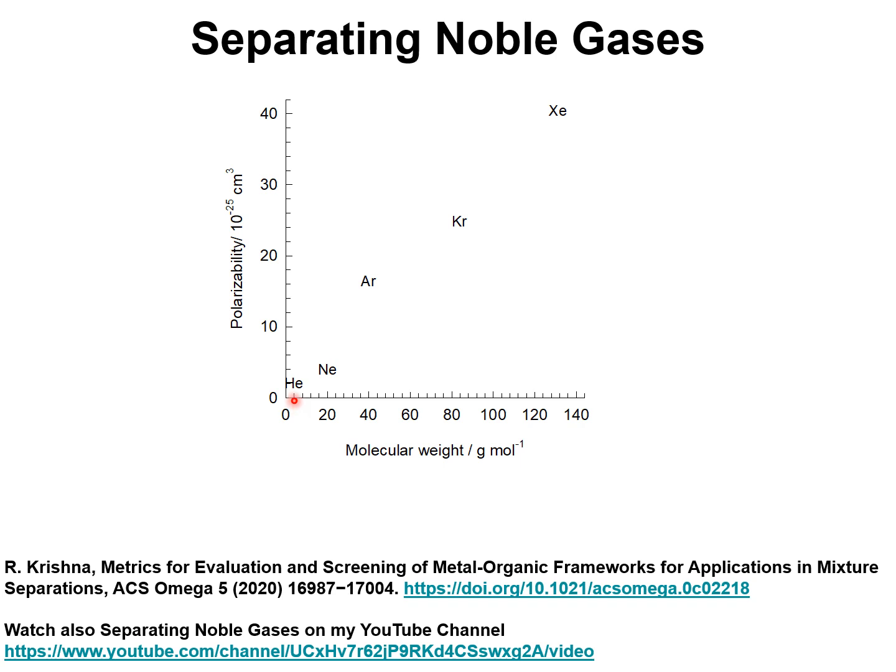The larger the gas molecule, the larger is the polarizability and the stronger is the adsorption strength. Watch also my presentation on separation of noble gases on my YouTube channel.